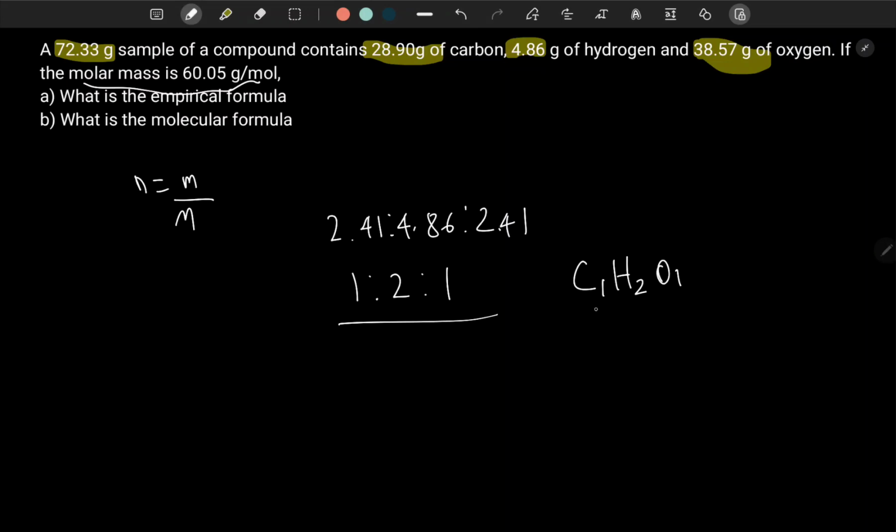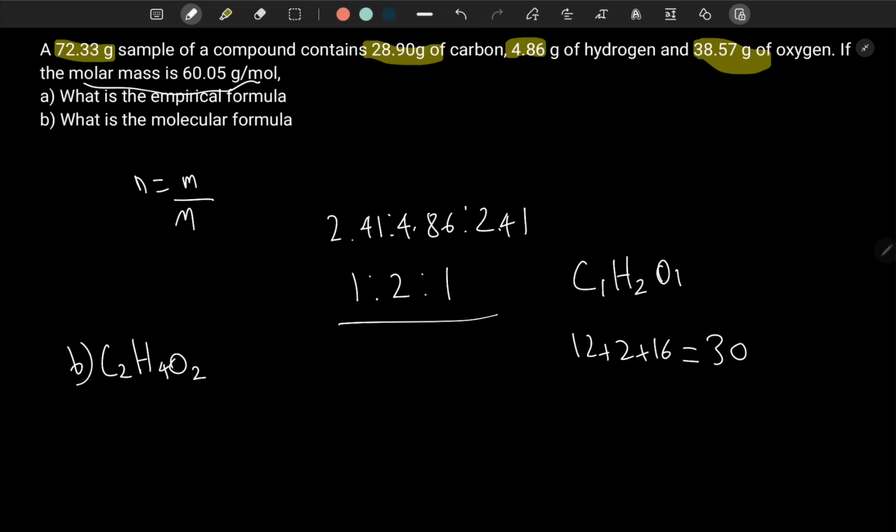Right now the molar mass is going to be 12 plus 2 plus 16, which is equal to 30, and the molar mass given in the question is 60. So the molecular formula is going to be times 2 of what we have right now: C2H4 and O2. If we calculate the molar mass of this, we will get 60.